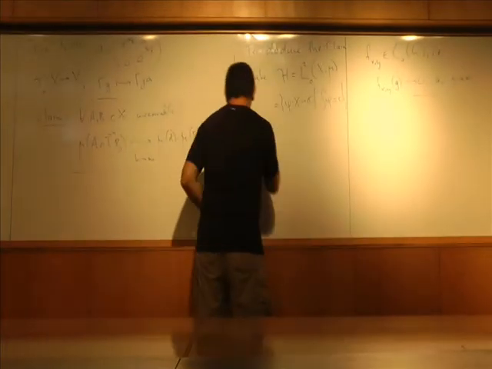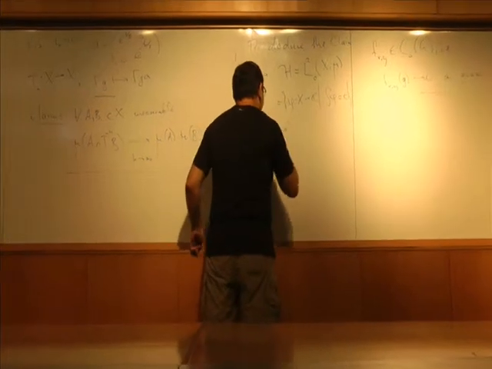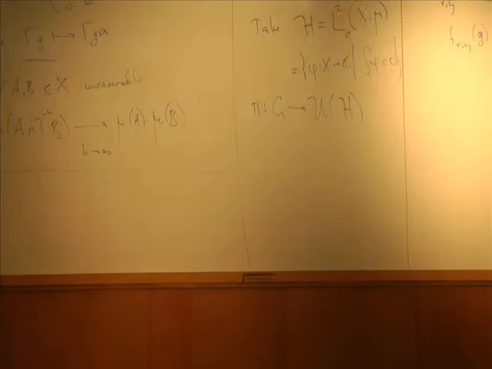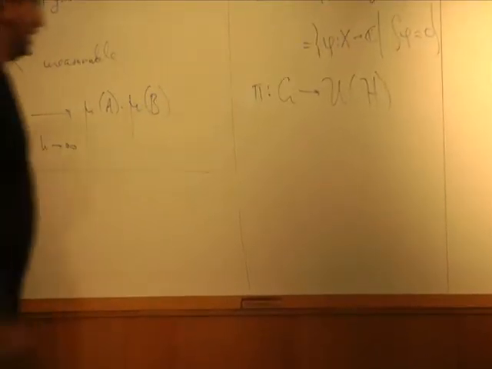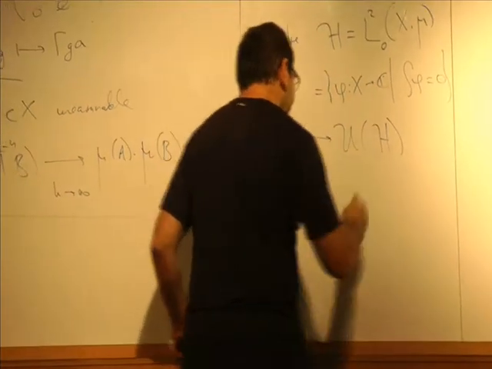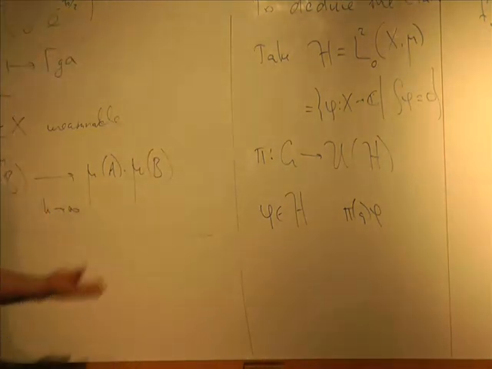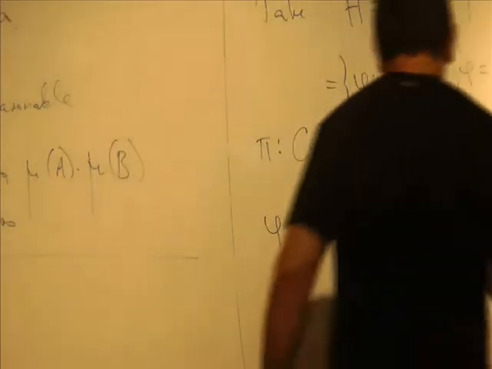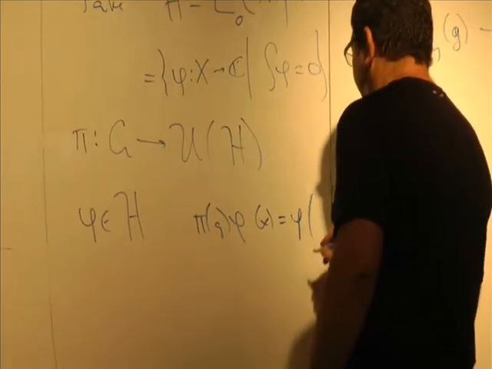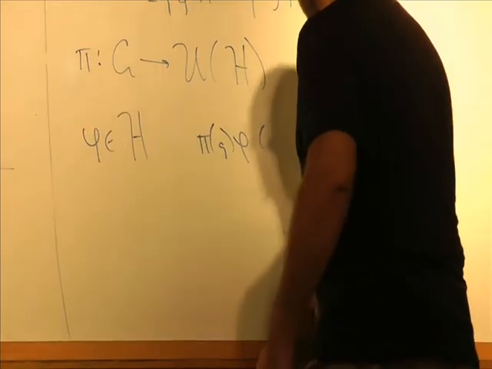Now, I want to say that I have a unitary representation of G into the unitary group of that Hilbert space. How do you do that? If you have a function phi in that Hilbert space, then g of that function is a new function, and its value at x is phi of, well, what is x? X is a coset.